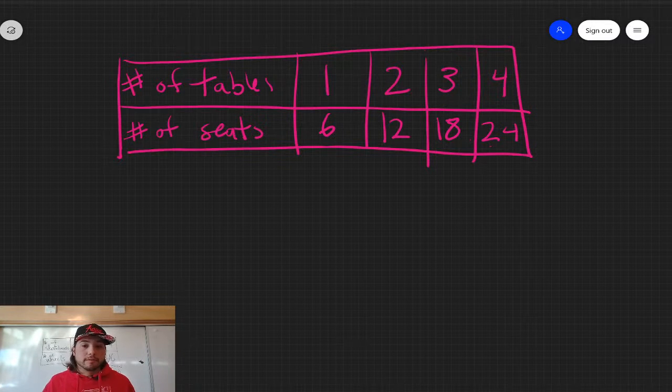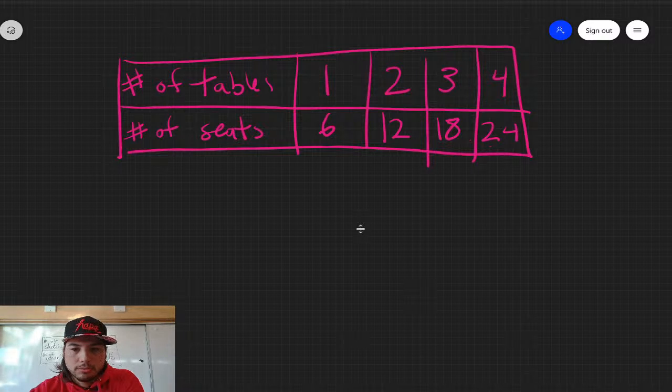That's another version of saying our equation of S for skateboard times 4, right? So what would we say for this one? Taking a look at these two corresponding patterns here. One table has 6 seats, 2 tables, 12 seats, 3 tables, 18 seats, 4 tables, 24 seats.